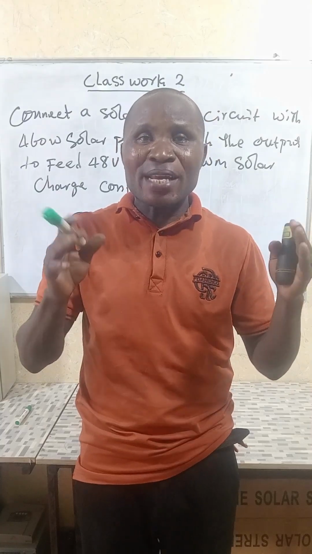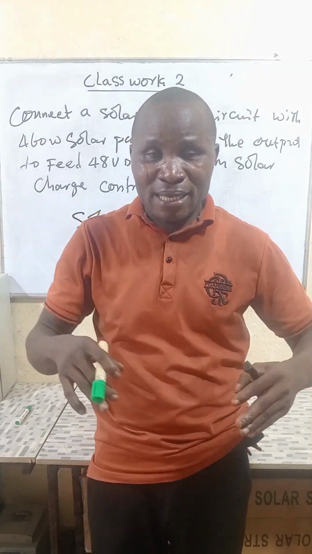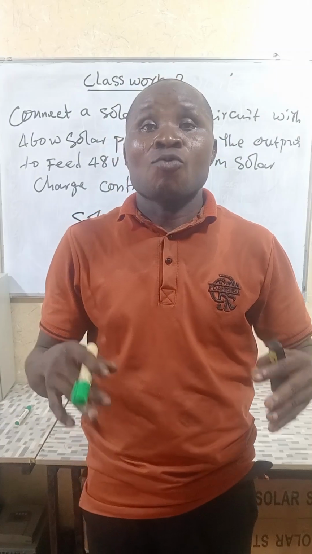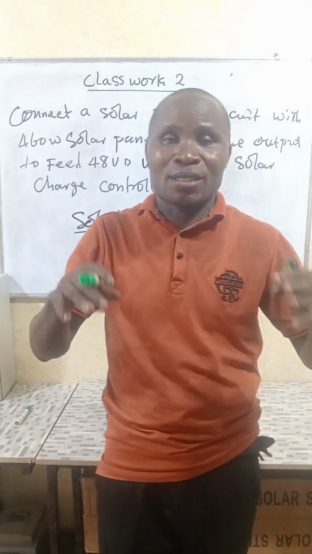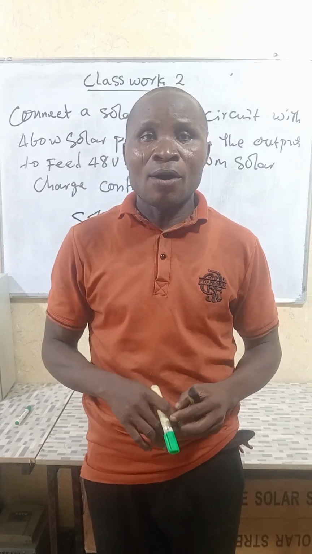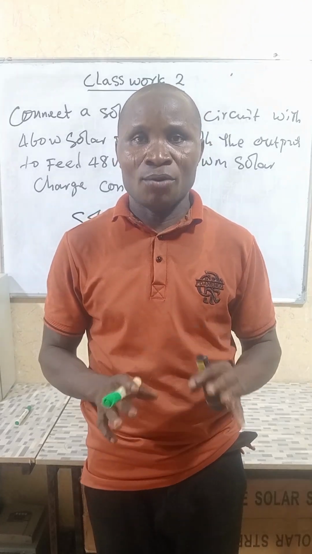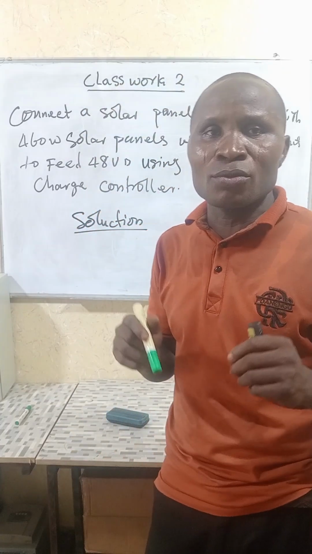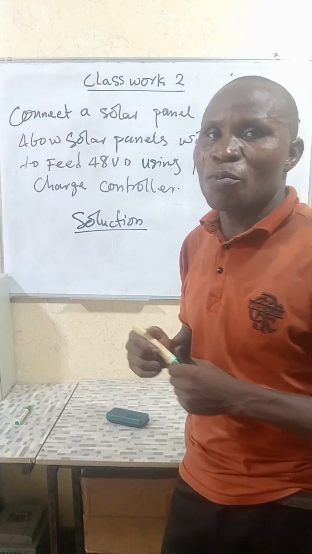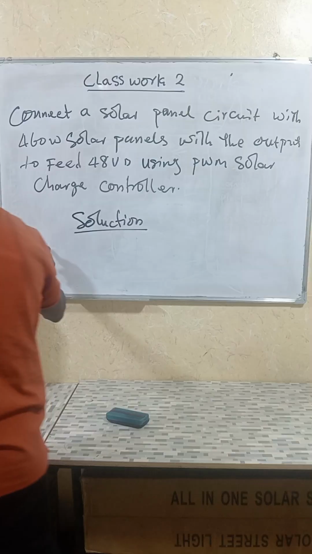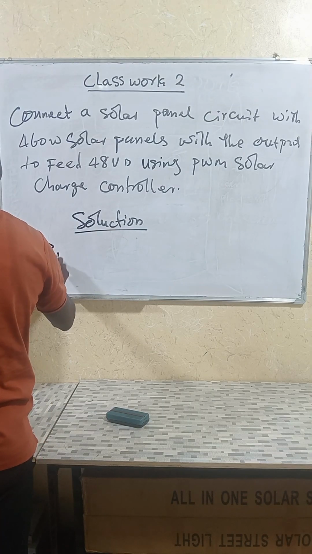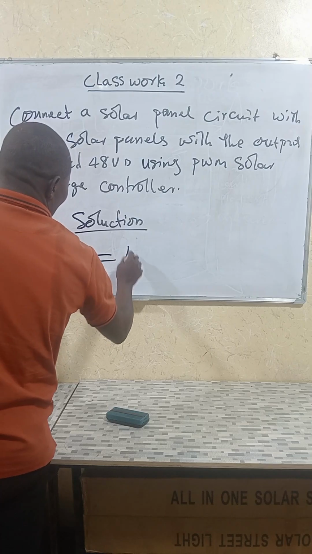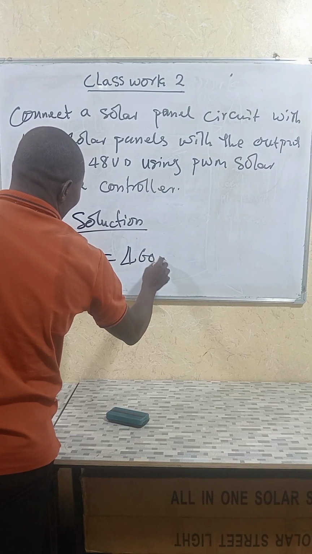We must bring in the electrical parameters under standard temperature condition of the 460 watts panel. That is what we want to look at now. The maximum power, P maximum, is equal to 460 watts.